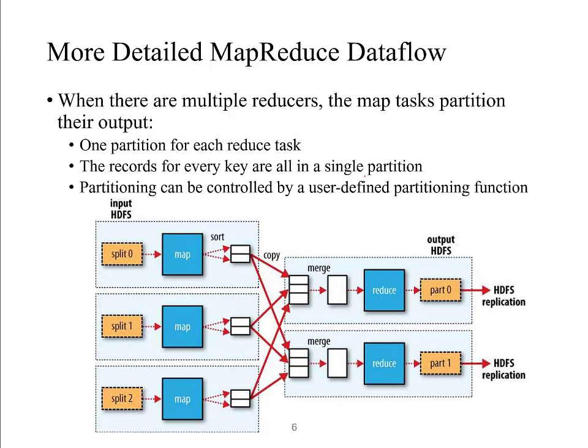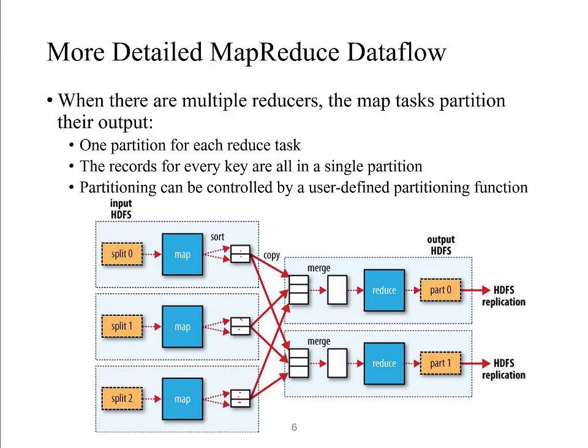Right? Let's see the example here. There are two reducers. That's why for each map, the result is partitioned into two partitions, right?